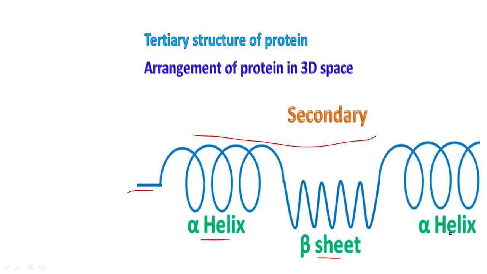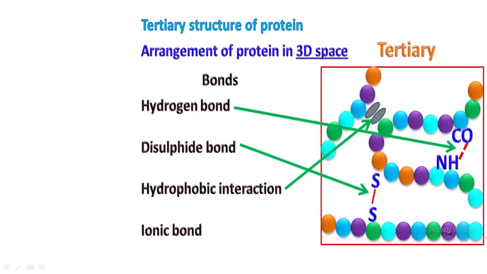All of these are arranged in a 3D space. This is called the tertiary structure of proteins. We can see different types of bonding in the tertiary structures. You may see hydrogen bonding, disulfide bonding, hydrophobic interactions, and ionic bonding.